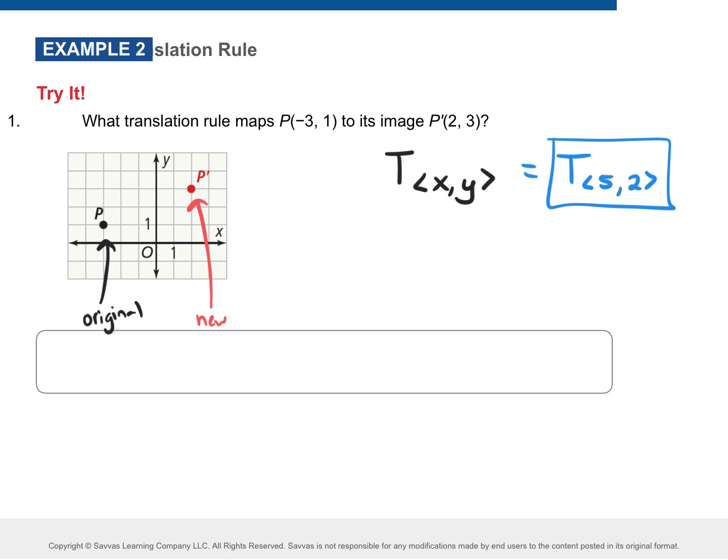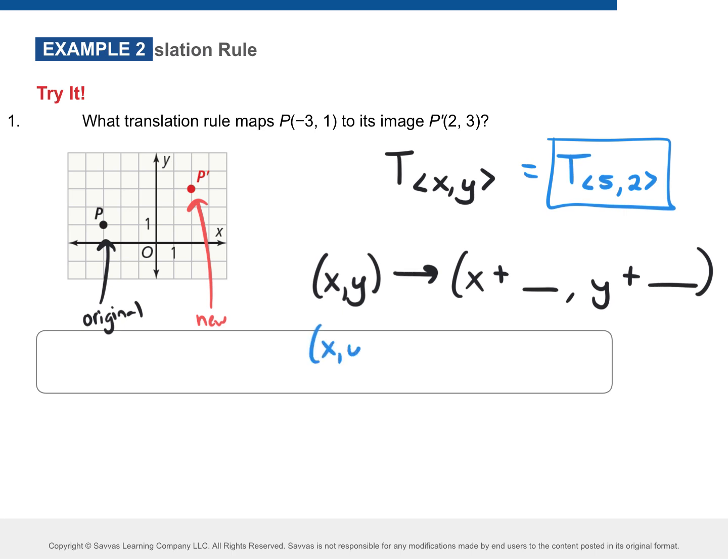Another way that you're going to see quite often is if it's written in this form, x, y, and then x plus or minus something, y plus or minus something. Okay, so we already know that it goes right 5 and up 2. So to write our rule for this one, my original xy coordinate, okay, what happened with our x value?